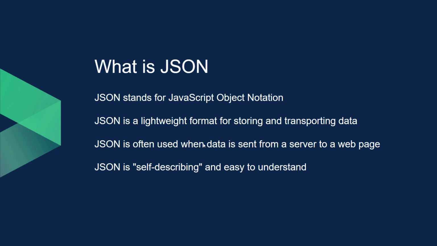Throughout your programming career, you are going to use JSON all the time, whether it's creating an API, consuming an API, or creating config files for you to use or for other people to use for your application.